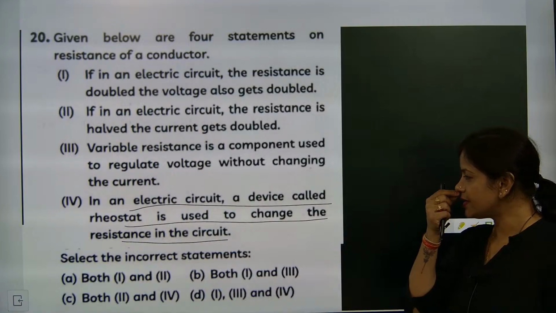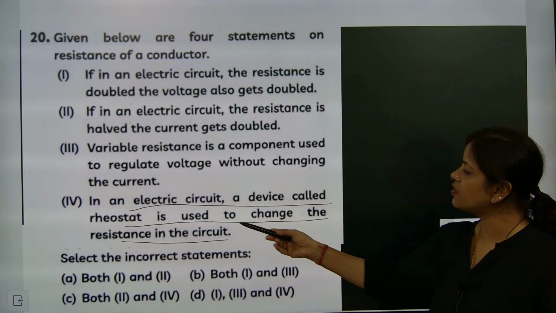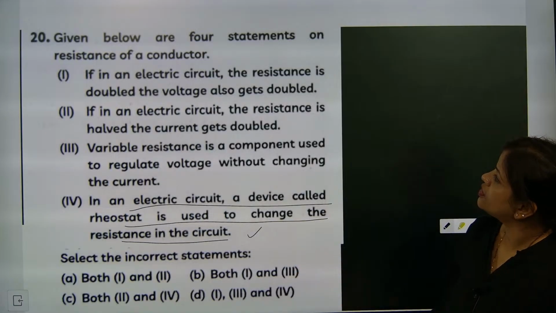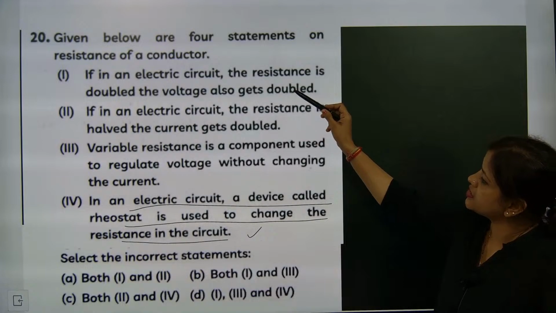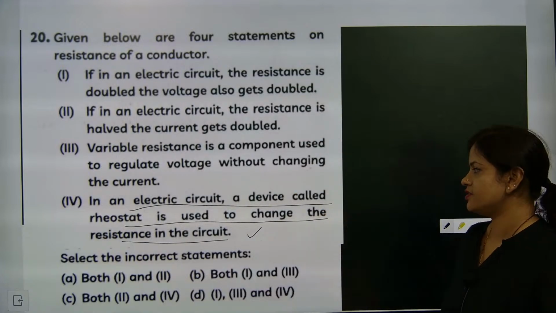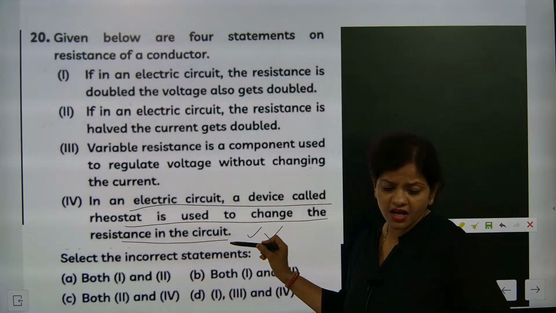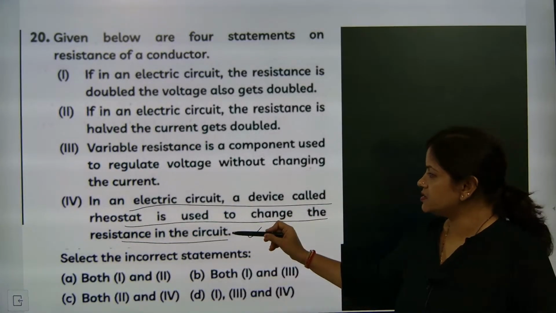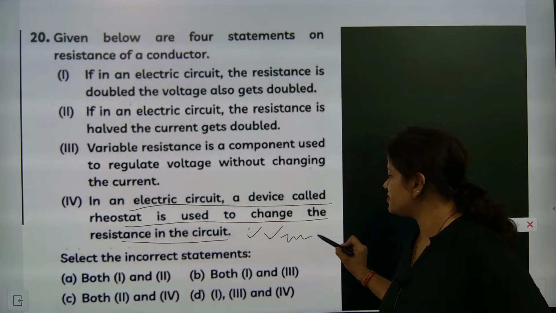Given below are four statements on resistance. Okay, select the incorrect one. So definitely this is a correct one. Rheostat is having variable resistance. Now this is a correct statement. It's not wrong. Rheostat means variable resistance will be there.